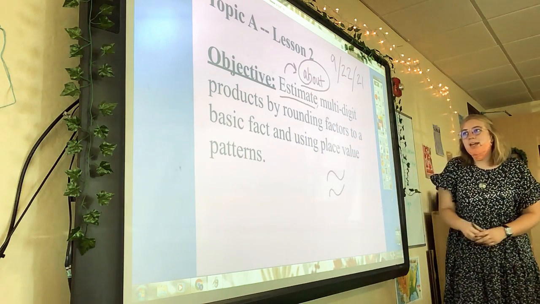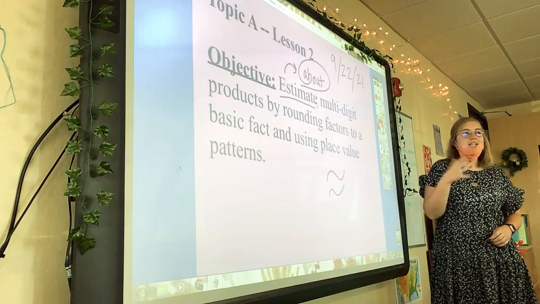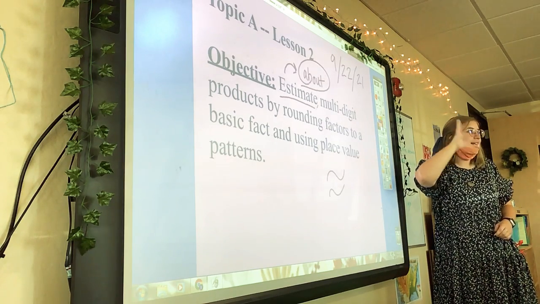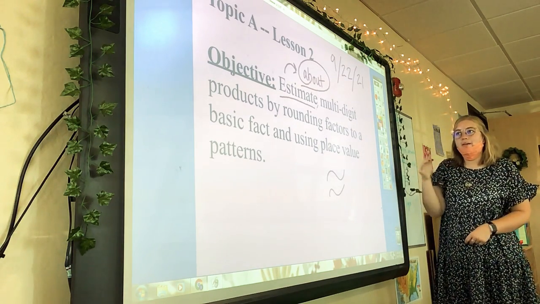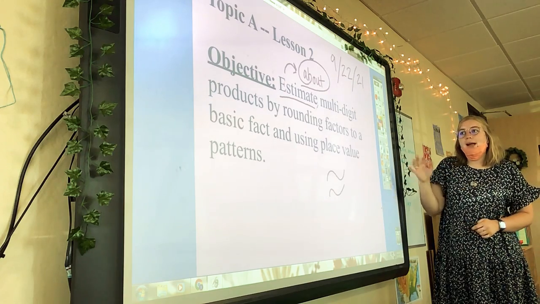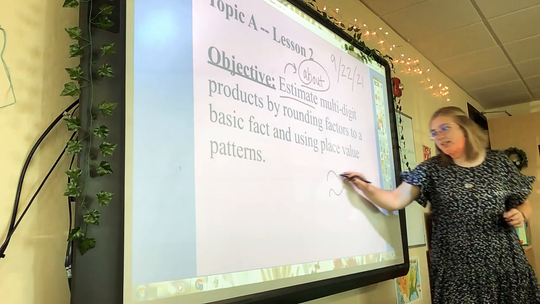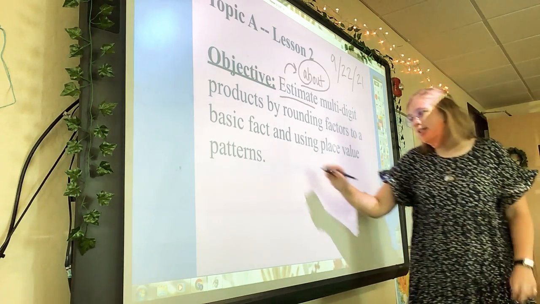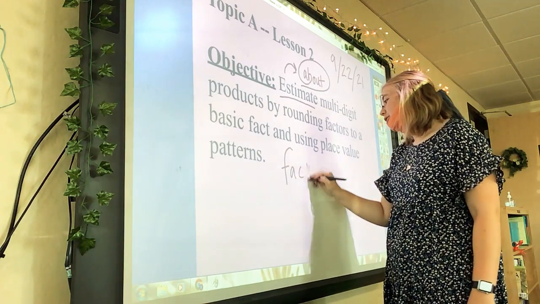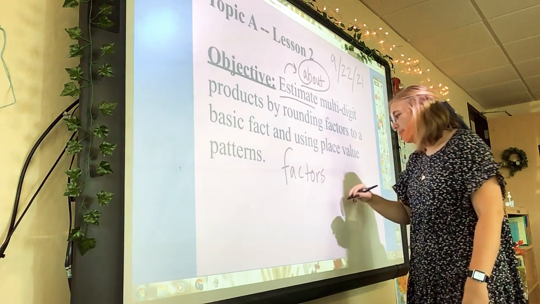So when we estimate multi-digit products, we're finding the about answer. It's not the exact answer, but the about answer, okay? And we're going to do that by rounding factors. Here's the important bit. Factors, and I actually want you to write this in your notebook.